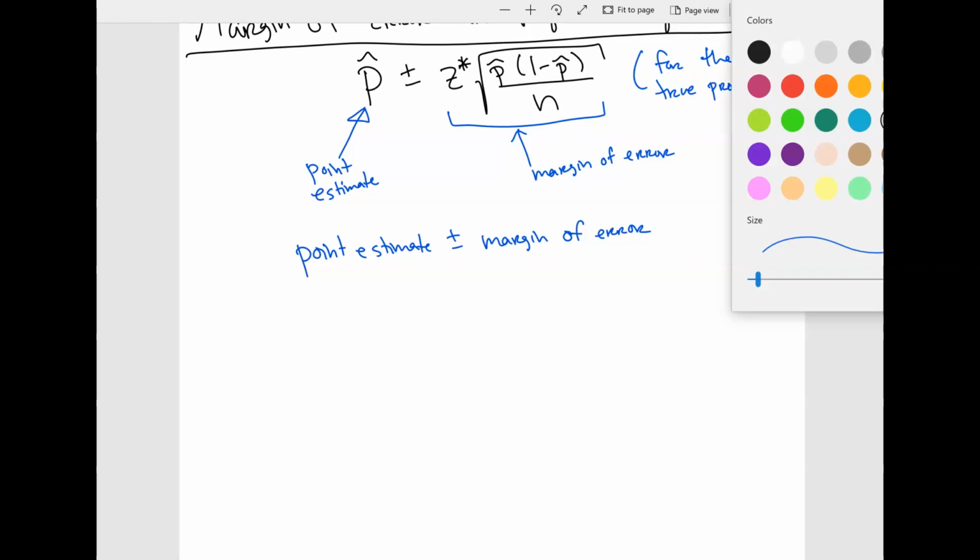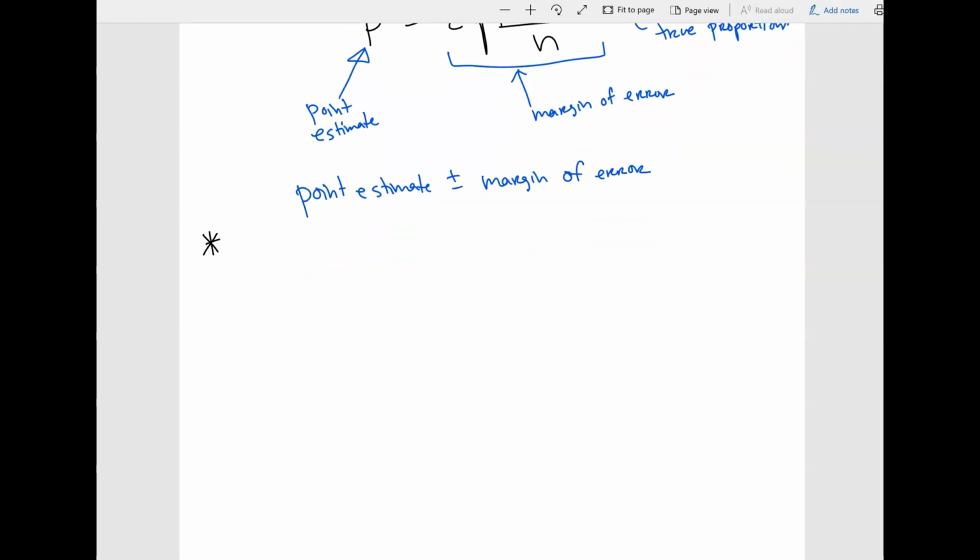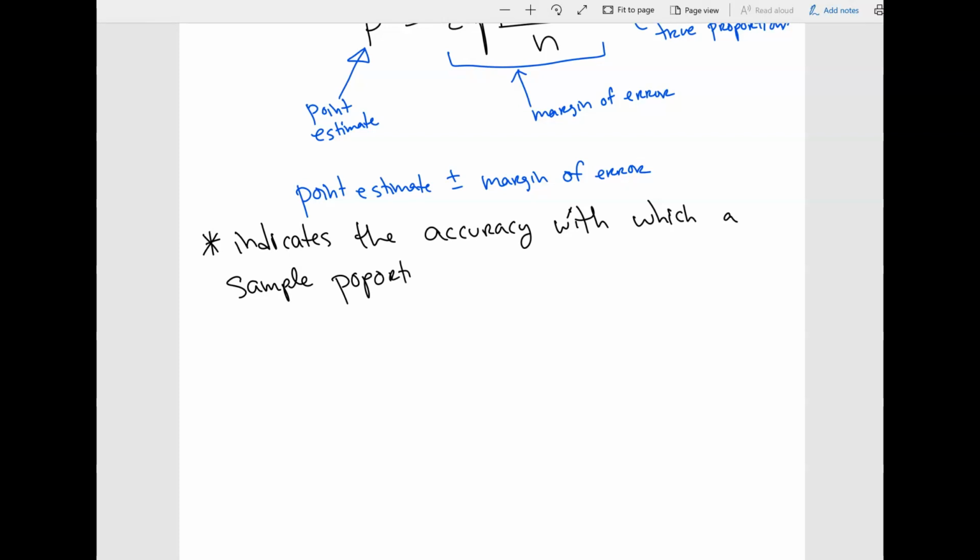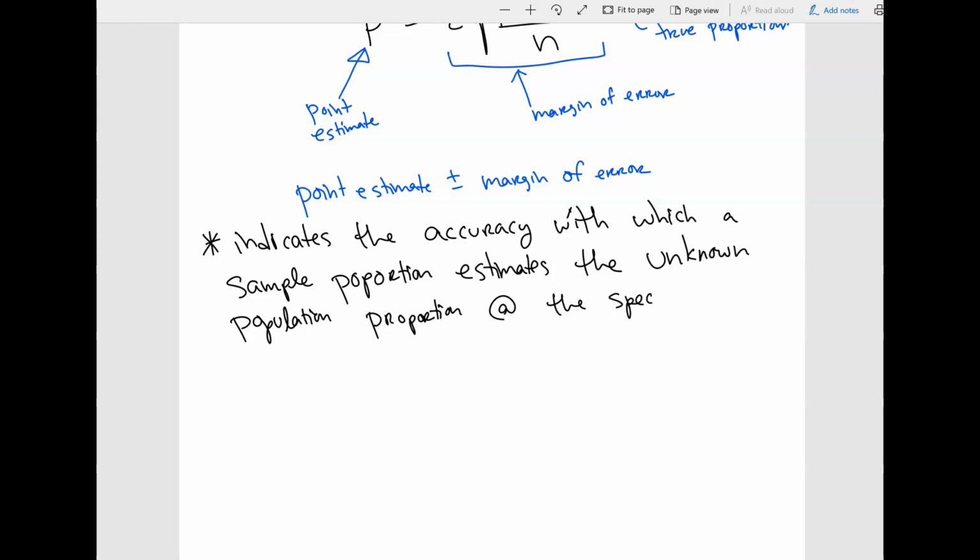So if you want to write it down in words, this indicates the accuracy with which a sample proportion estimates the unknown population proportion at the specified confidence level.